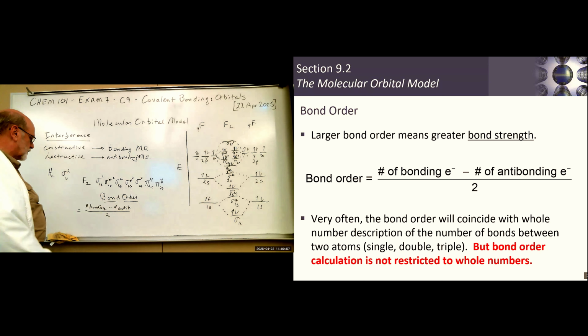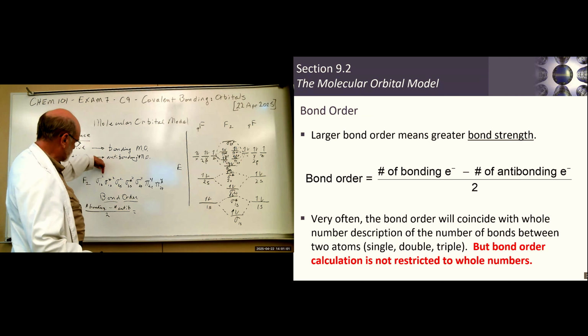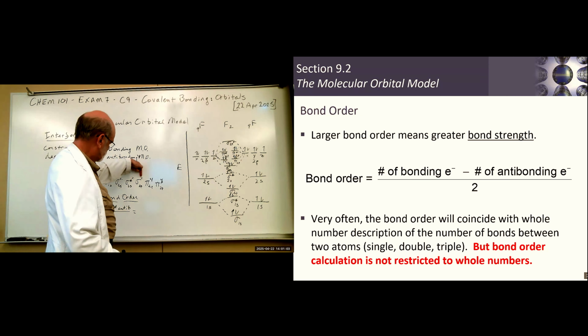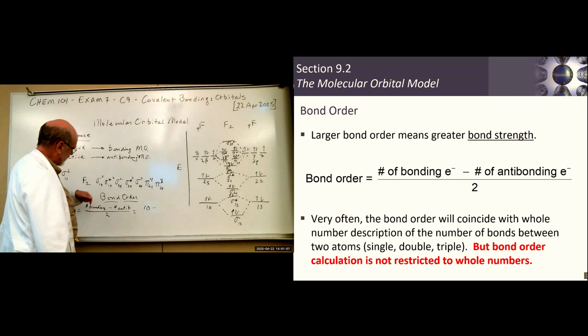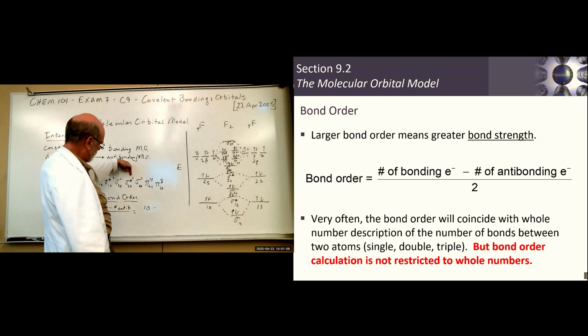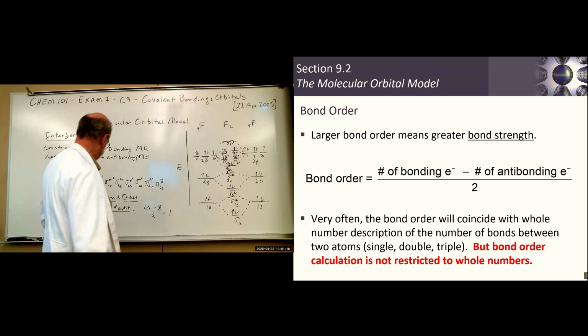Okay? So if we do that for our example here, we have the number of bonding is 2, 4, 6, 10. And then the anti-bonding is 2, 4, 8. Divided by 2. So that's 2 divided by 2 is 1.